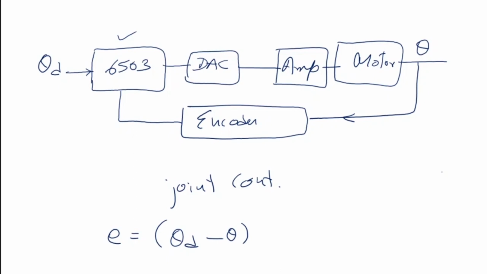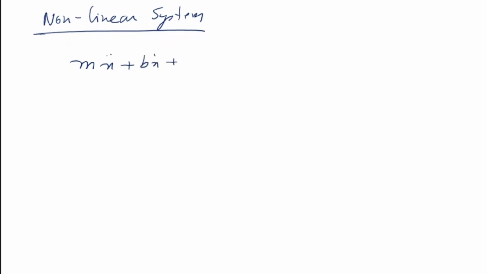Now in the last class we had talked about non-linearities in the system. Non-linearities can come from different places. First of all, when we looked at our basic system, the spring mass damper system, m x double dot plus b x dot plus k x is equal to 0, we made the assumption that m, b, k are constants and they are linear.